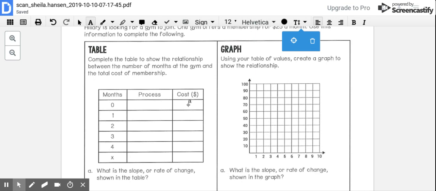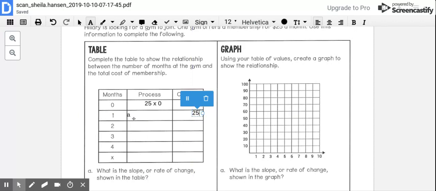So at 0 months, obviously it would be $0. And the process is just what you do to get the end result. So like in this case, it would be 25 times 0. Okay, so for 1 month, it's going to cost $25.